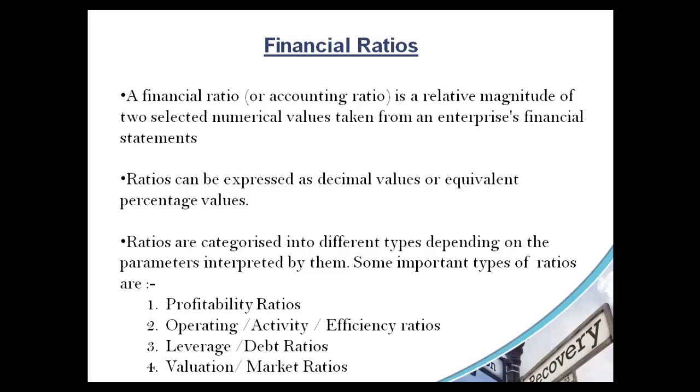Some important types of ratios are profitability ratios, operating or activity or efficiency ratios, leverage or debt ratios, and valuation or market ratios. Let us now look at these different types of ratios in detail.